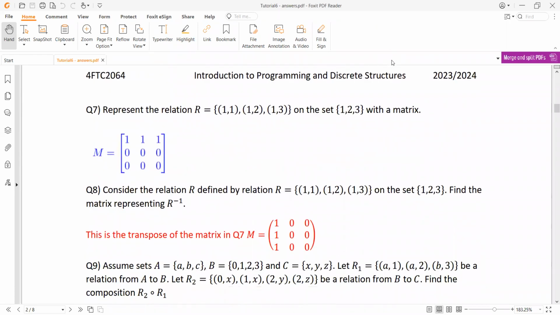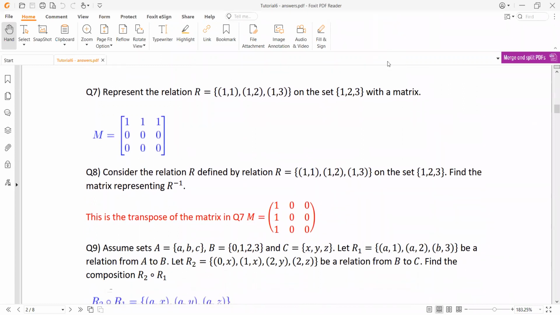Question 7. Question 7 is that, okay, if this is a relation on the set 1, 2, 3, can you represent this relation as a matrix? Yes, of course, I can. So here, a relation on a set means it will be a square matrix.